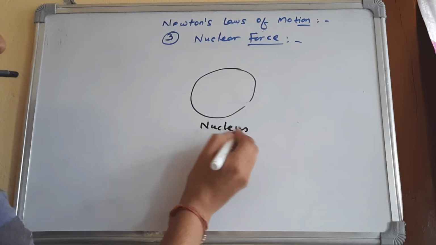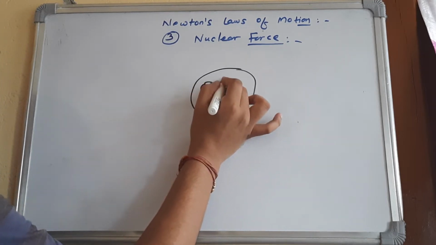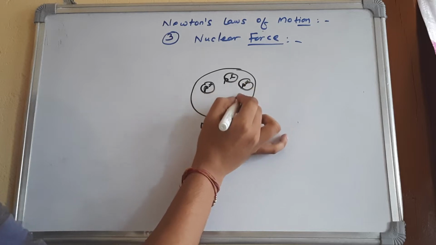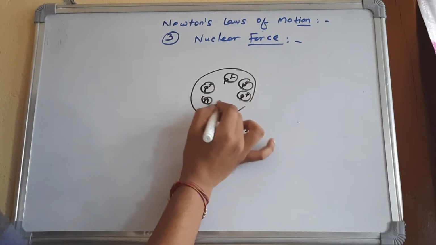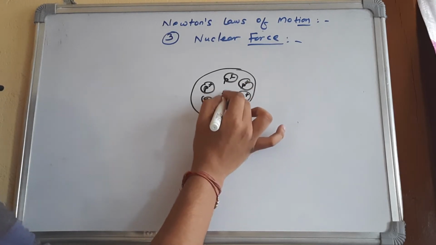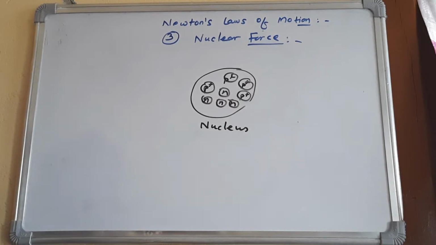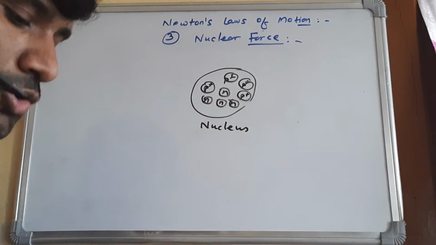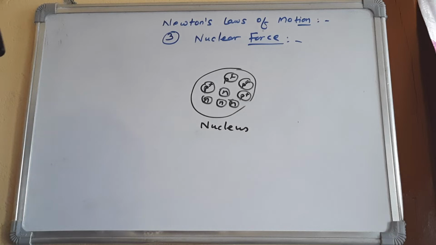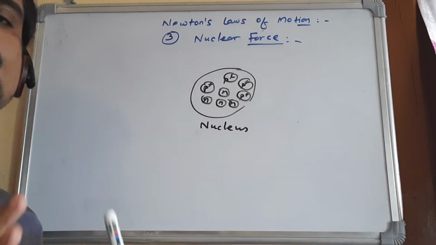This is a nucleus. So there exist protons and neutrons. If we talk about just electrostatic force, gravitational force is negligible because the masses of neutrons and protons are negligible.